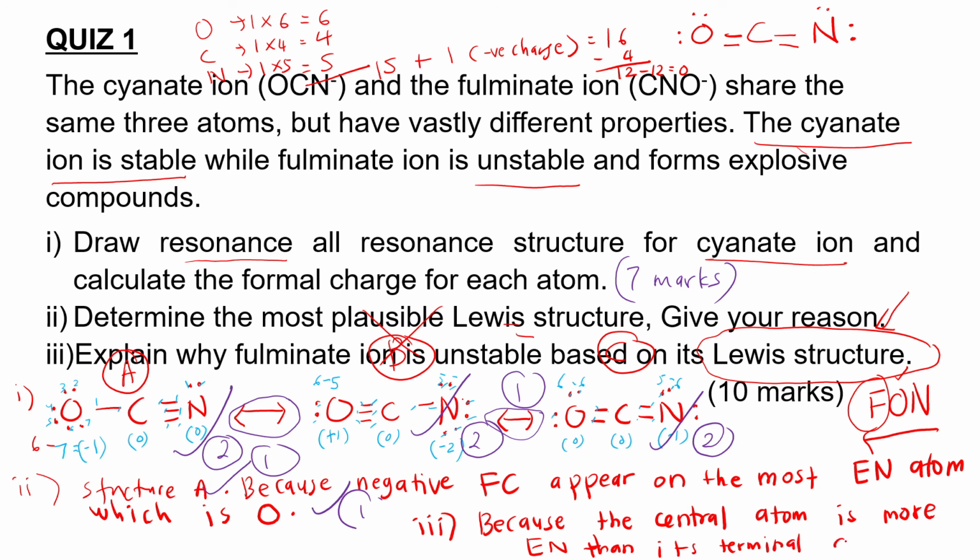Okay, it can be a central atom, but it will form an unstable molecule. Okay, so the last question will give you only 1 mark. Okay, so this is all for your quiz 1 answer.